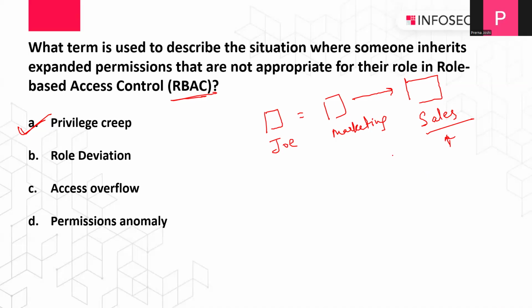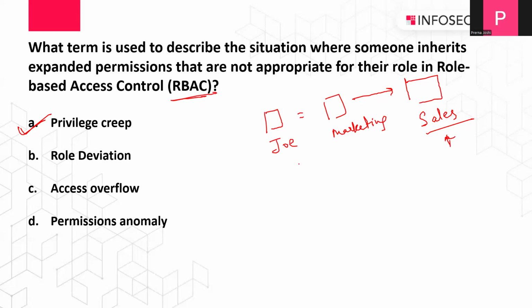His previous roles are not removed. So here Joey has access control in the marketing department as well as the sales department. This is privilege creep, meaning when an individual accumulates permissions and privileges over time that exceed what is actually required in their current role.